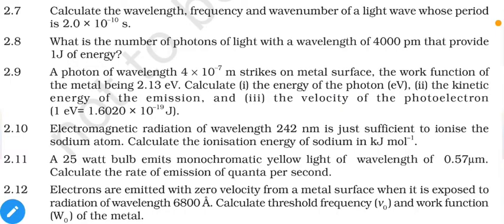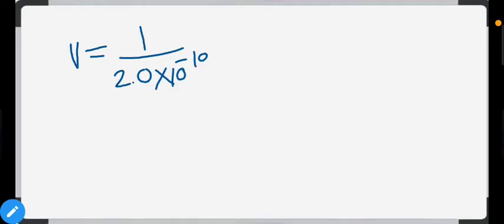Our period is 2.0 into 10 raised to minus 10 seconds. So how can we find the frequency? Simple, the inverse of period is equal to frequency. So divide 1 by 2.0 times 10 raised to minus 10 seconds and you will get 5 into 10 raised to 9 second inverse as the frequency.